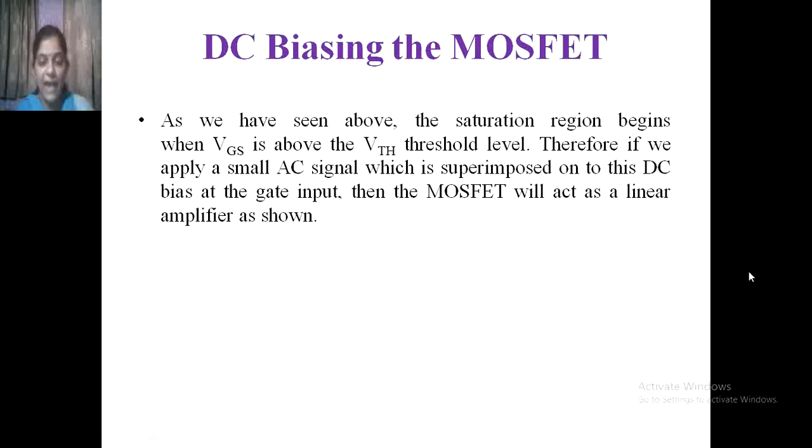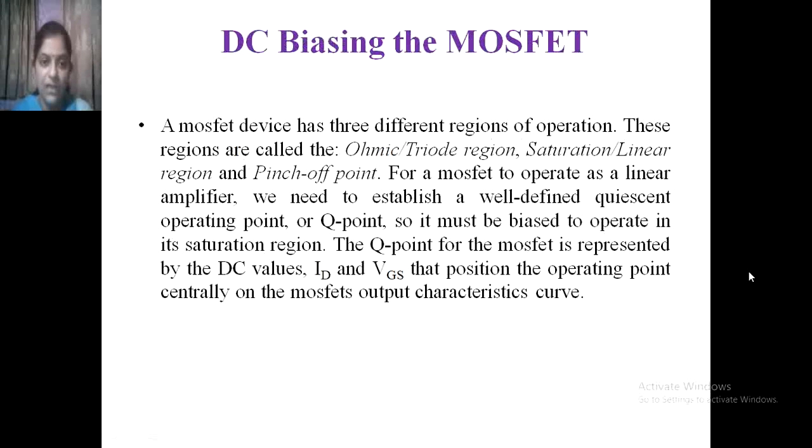A MOSFET device has three different regions of operation. Which are the three regions? The ohmic or triode region, the saturation or linear region, and the pinch off point.